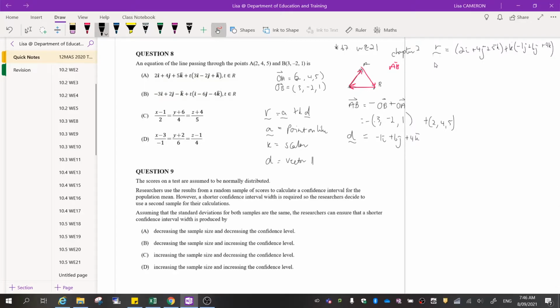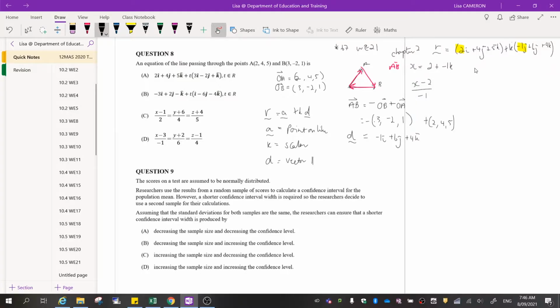Let's try converting it into Cartesian form and see what happens. To convert, I equate the x component with the one here, and because it has that scalar in front, it takes k. So x is 2 plus -1k, and if I rearrange this, k is equal to x minus 2, divided by -1.